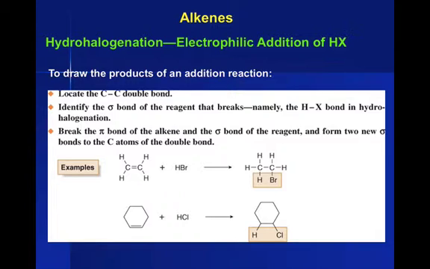So in these cases, it doesn't matter which carbon gets the hydrogen because both carbons are identical. One carbon gets the hydrogen, one carbon gets the halogen, and we've just added HX across the carbon-carbon double bond. How would you name this alkene? There is no cis or trans here.